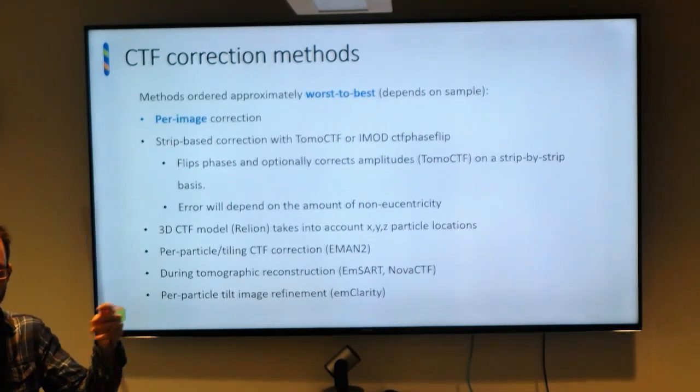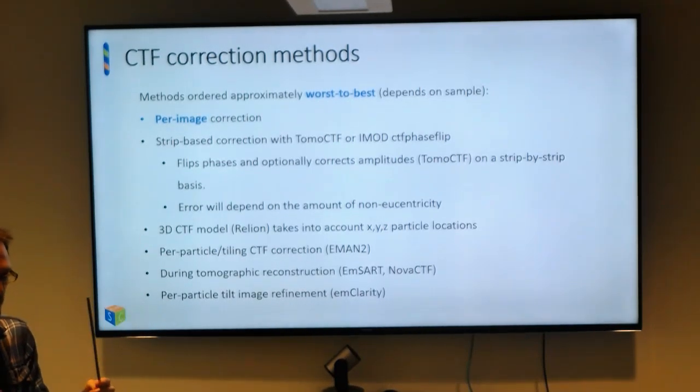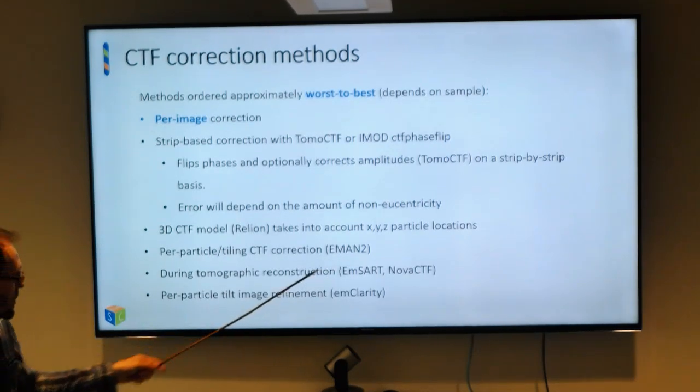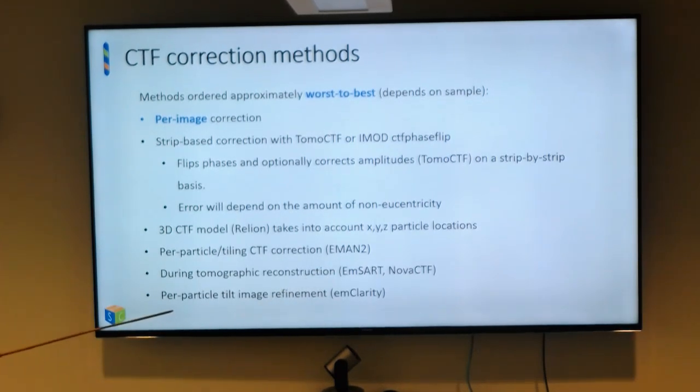It effectively makes a 3D reconstruction that is CTF corrected, taking into account all the tilt issues and your 3D locations of your objects. So it's a really innovative way to correct for CTF, and it's resulted in some of the highest resolution structures, about 3.2 angstrom, I believe.